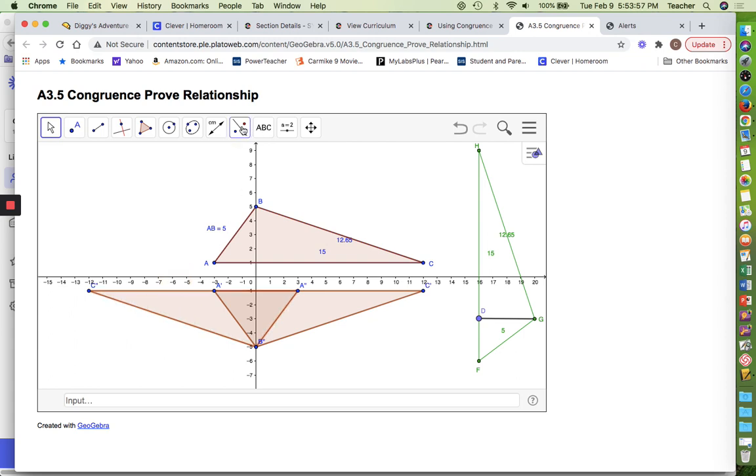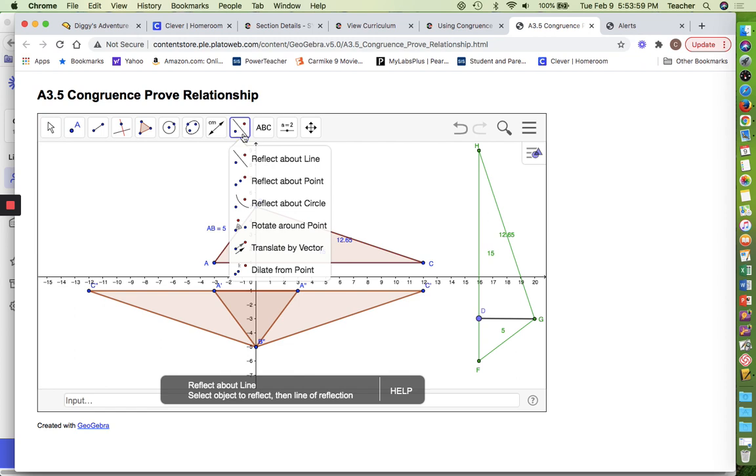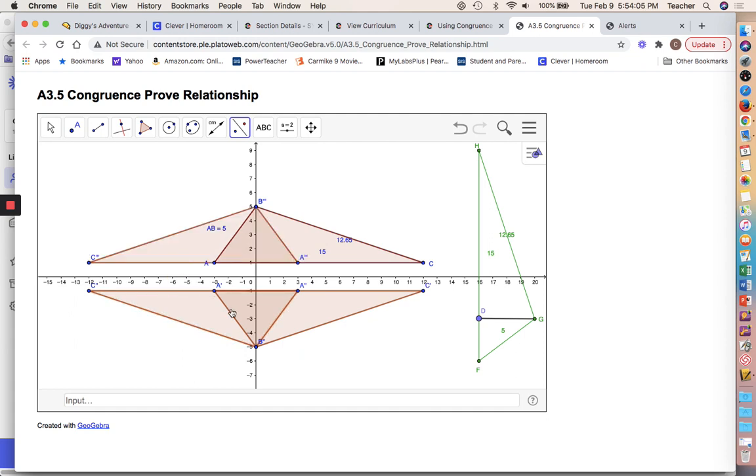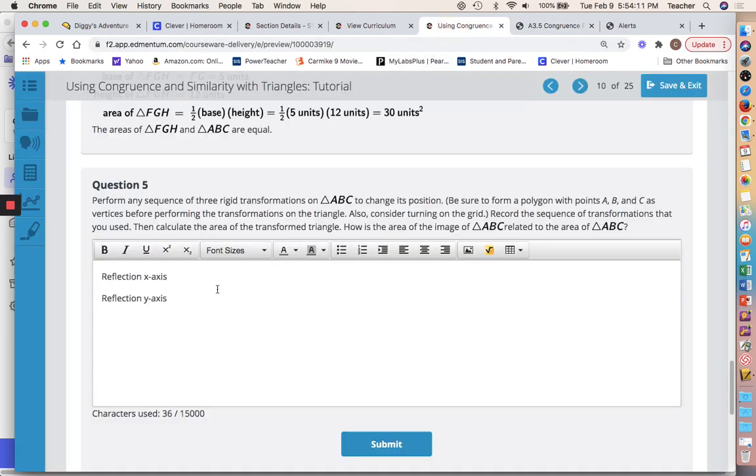Oh, I'm sorry, I'm not under reflection about a line. My bad. Reflection about a line. Click your figure. Click the x-axis. Yeah, I got a nice little UFO looking thing. I love it. All right, so I did a reflection across the x-axis. So there's my 3.